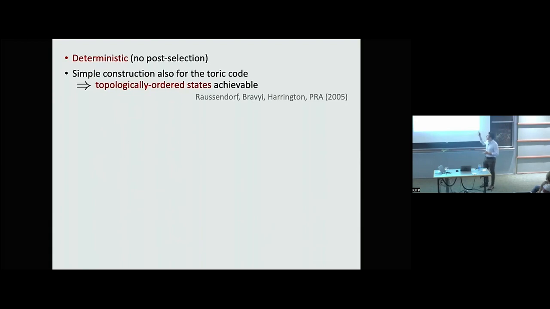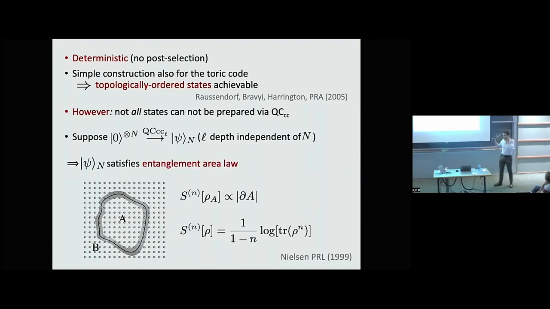Okay, so this is just to say that there are states which we're still not sure whether we can prepare. But there are states we are sure you cannot prepare with the scheme, and the reason is simply because we have an area law characterization of these states. The reason why we have an area law follows from known results in quantum information.